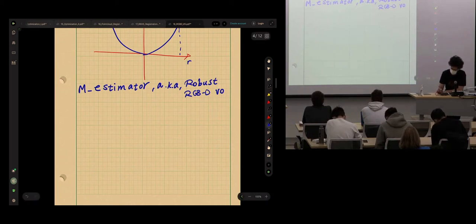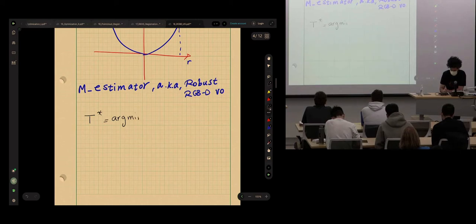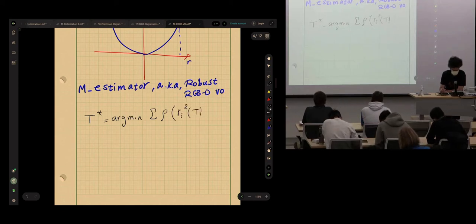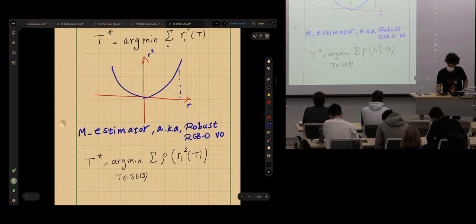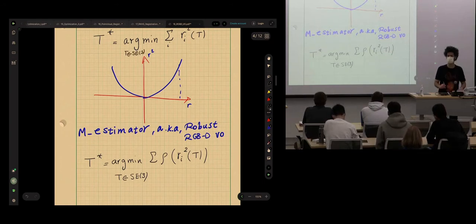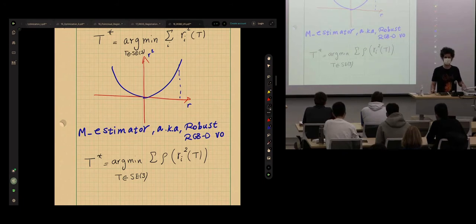So the new problem will be as follows; we should have read in here as well. We're optimizing over T, and T belongs to this set or group SE3.